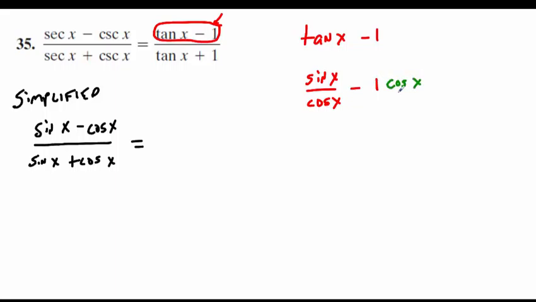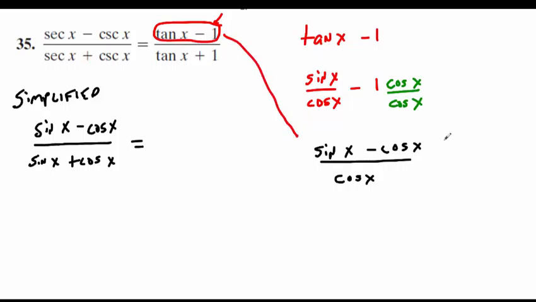So I have to multiply this side by cosine of x over cosine of x. And so I'm going to end up getting sine of x minus cosine of x, because I can add those together now, and on the bottom I have cosine x. So that's all that stuff from the top.